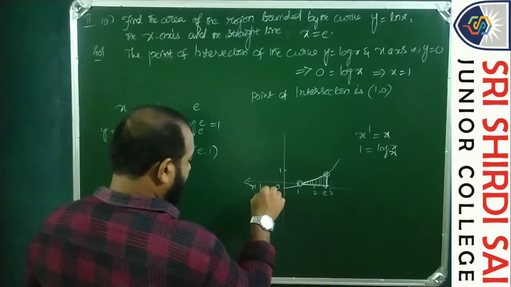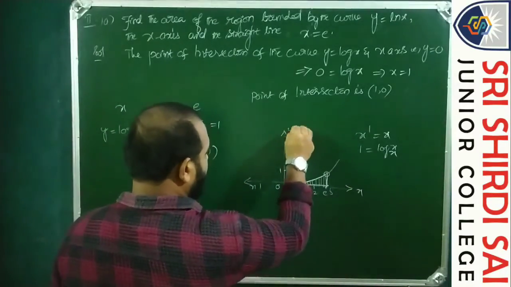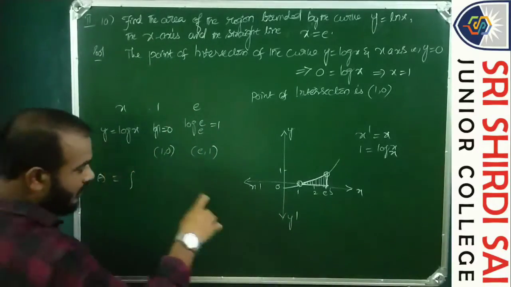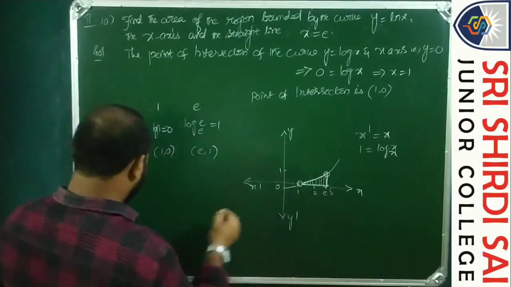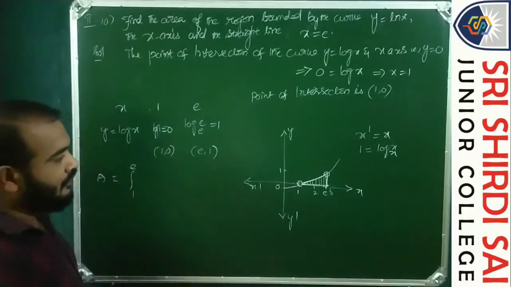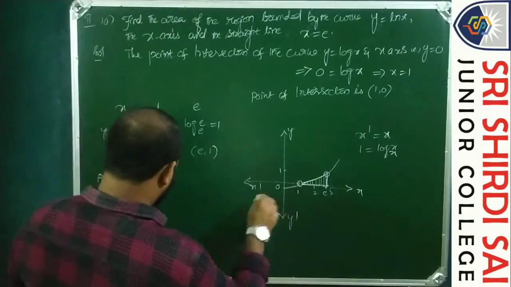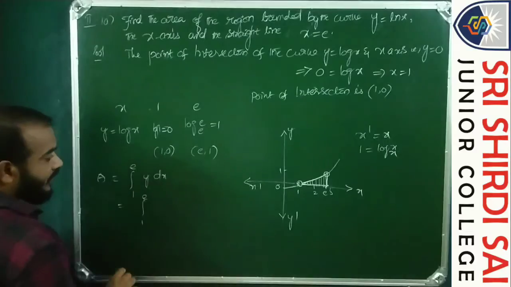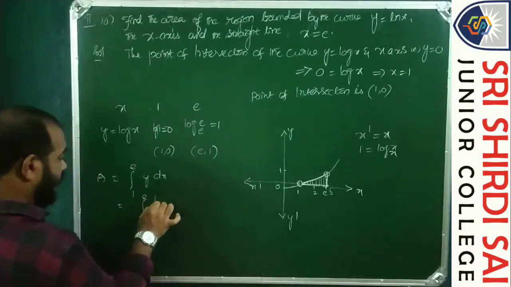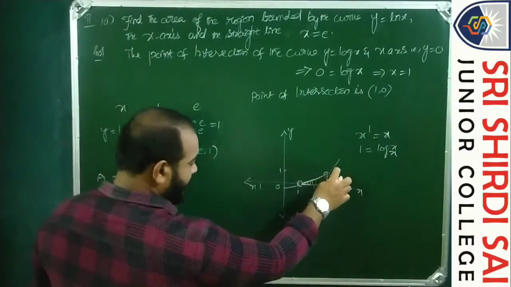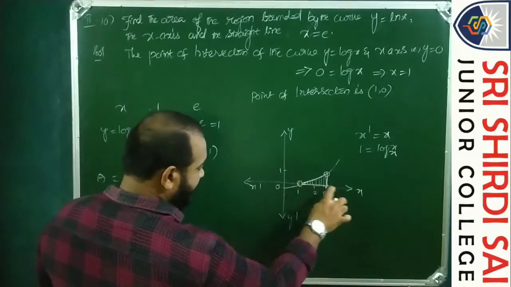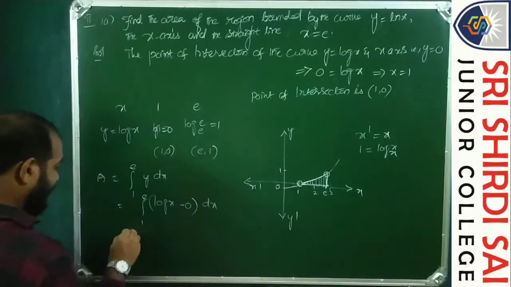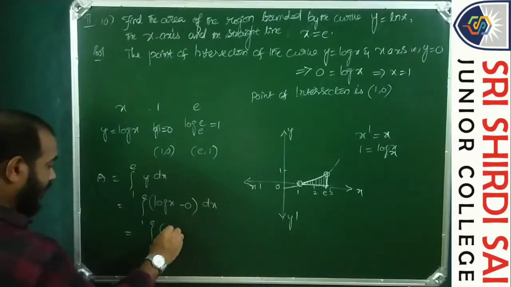So area A equals integral 1 to e of y dx. Y here is ln x, that is log x, the upper function, minus the lower curve, the x-axis, y equals 0, dx. This means integral 1 to e log x dx.